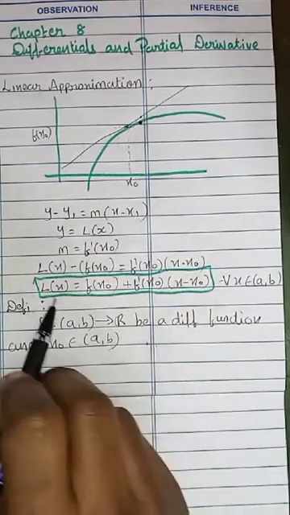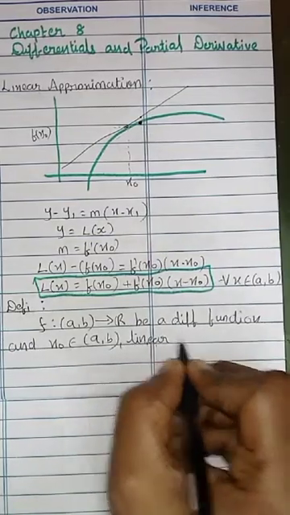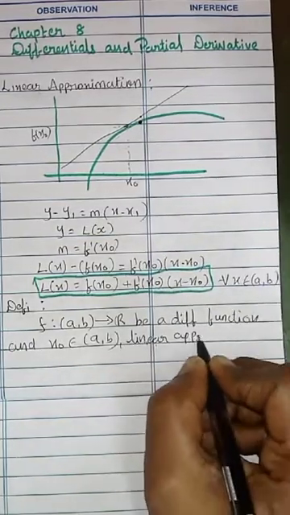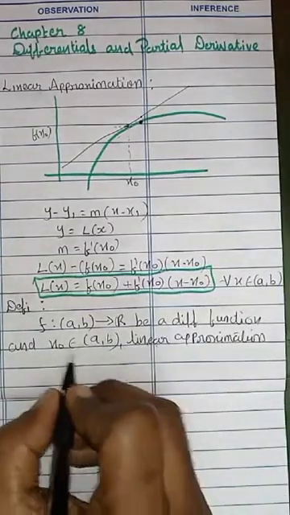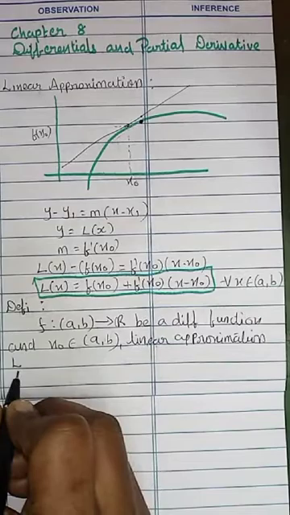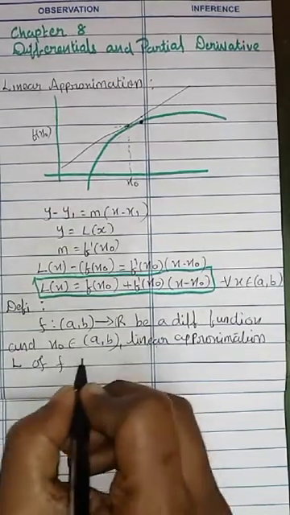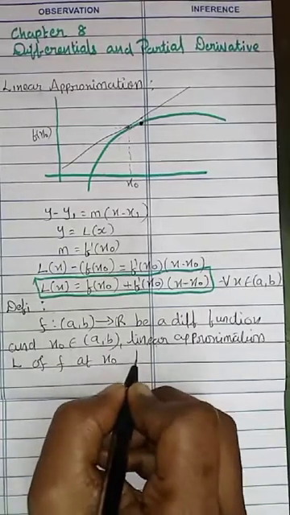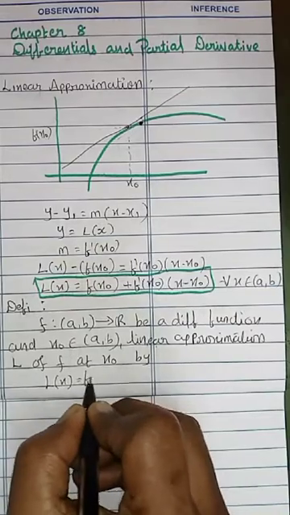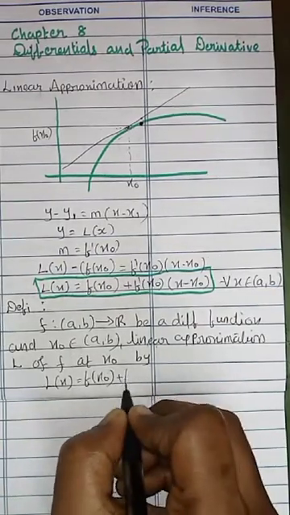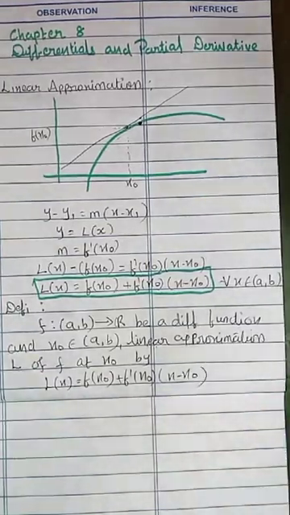Then the linear approximation of f at this point x naught is given by L of x equal to f of x naught plus f dash of x naught into x minus x naught.